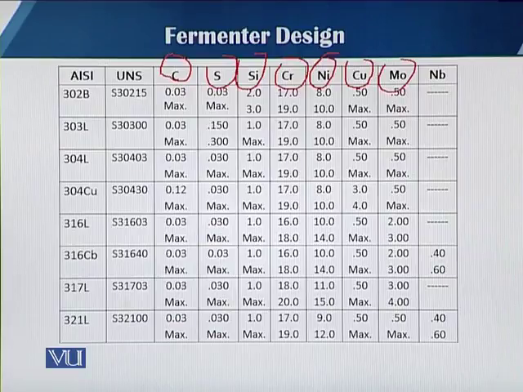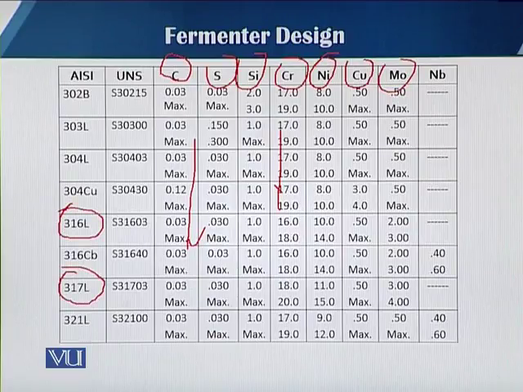So these are the different concentrations present, but the most critical are 316 and 317, which are mostly used in a fermenter. But for lower quality, cheaper fermenters, 304 grade is also used for normal fermenters, while high quality fermenters have only grade 317.